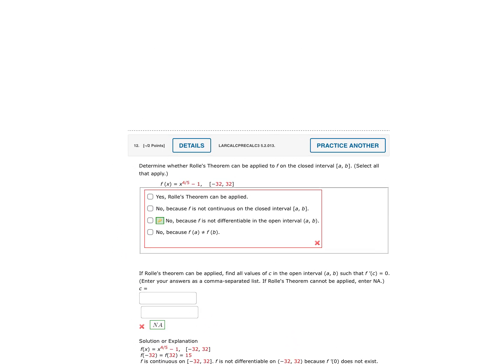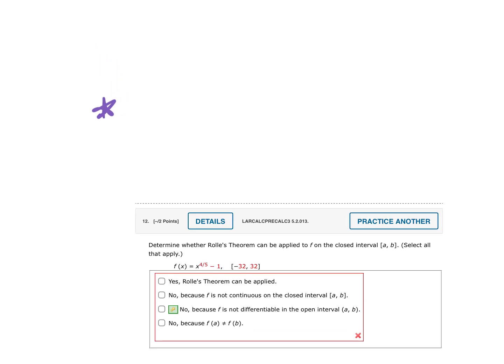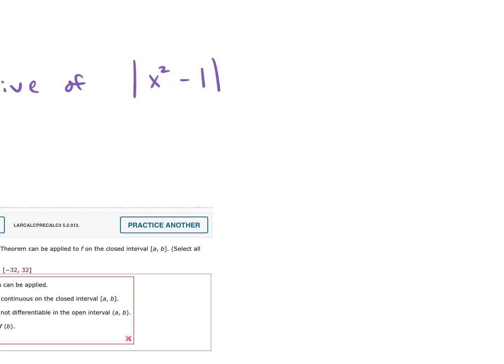One other thing, we didn't practice this, but make sure you know how to find the derivative of an absolute value. We'll do it real quick.